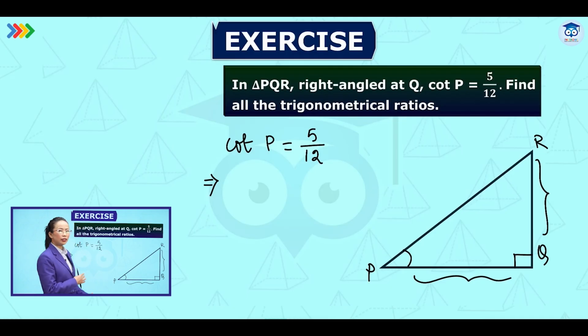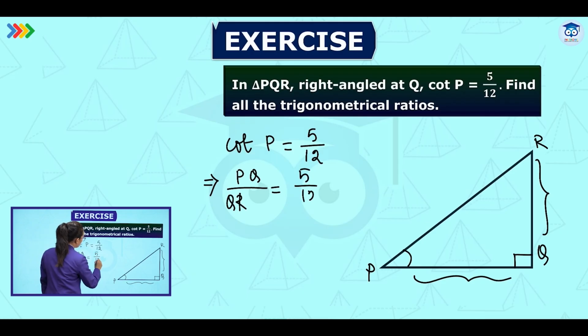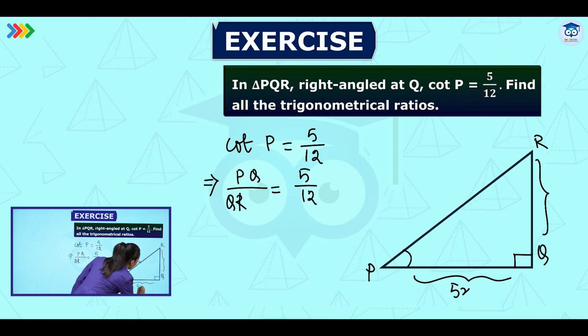Again, here the measure of the triangle is not up to scale. This is just for reference. So cot P becomes adjacent PQ upon opposite QR. That is 5 upon 12. So the length of PQ is a multiple of 5, so we can write it as 5x.